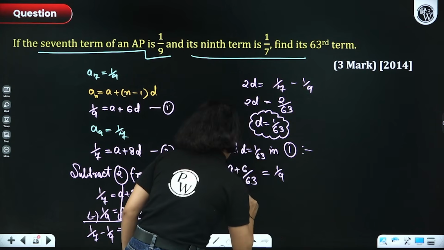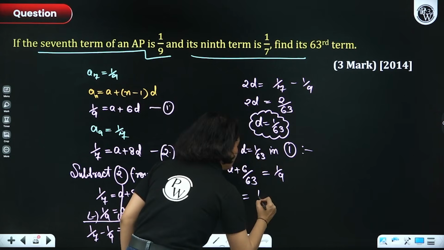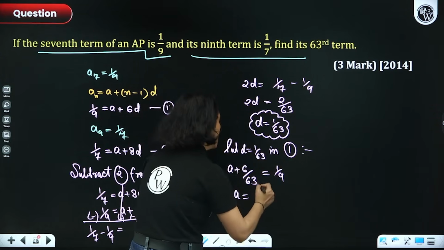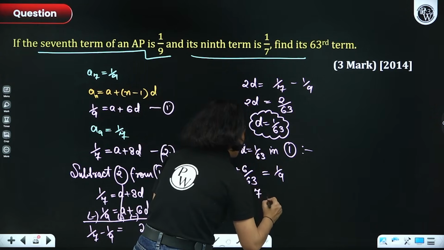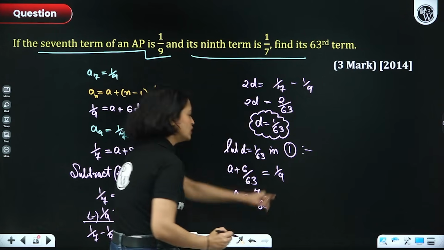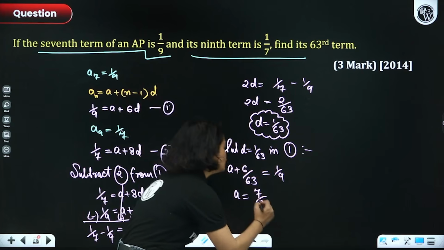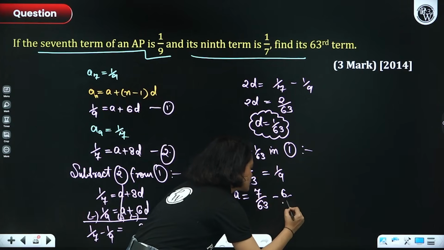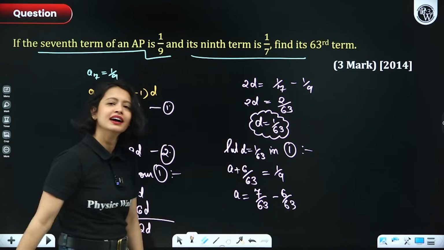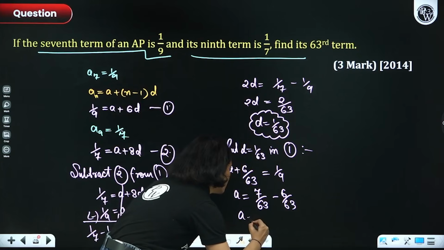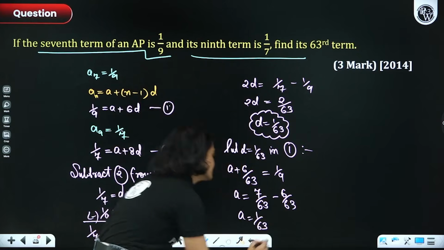So here a will come out to be what? 1 by 9, I am writing as 7 by 63. I can do that, right? Multiply 9 with 7, above also by 7. So a comes out to be 1 over 63. This is a.